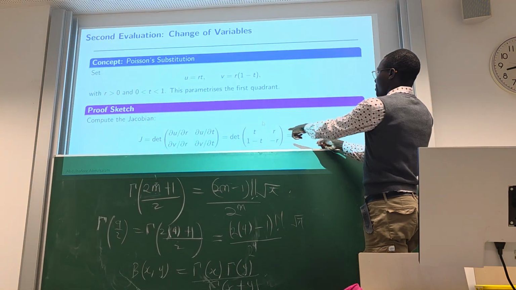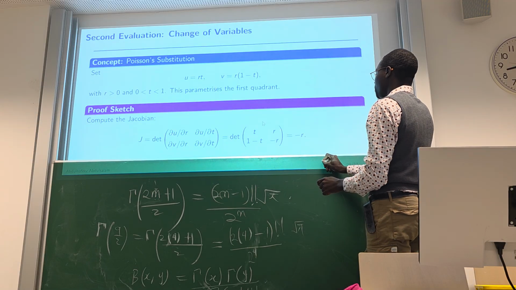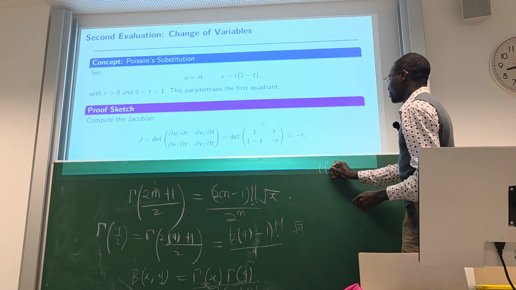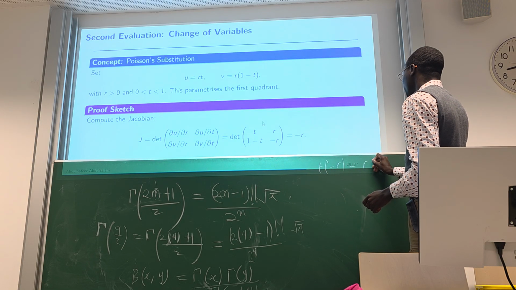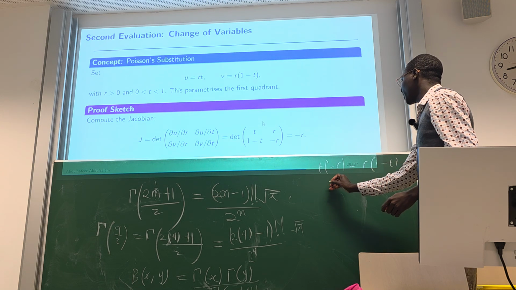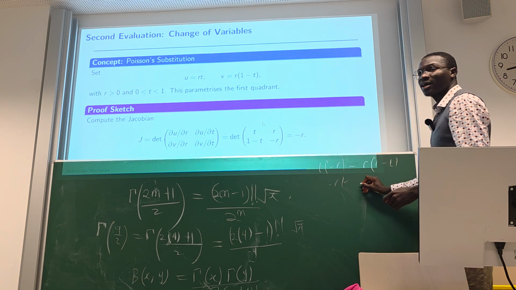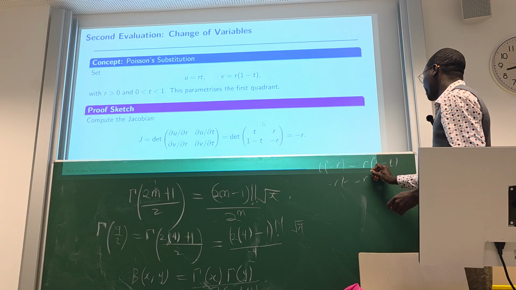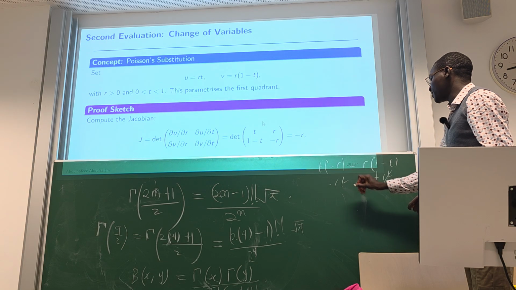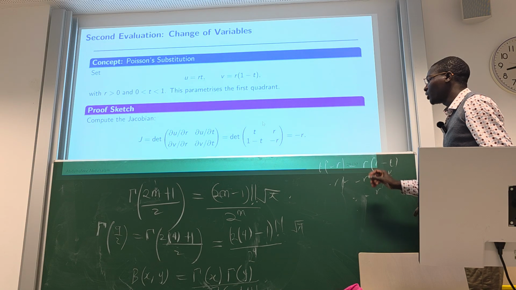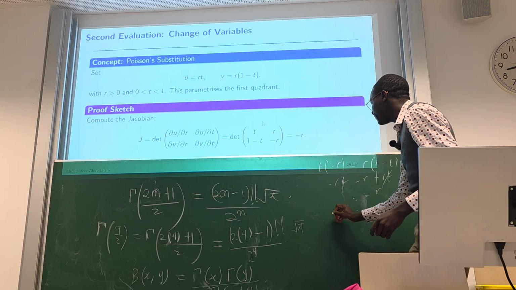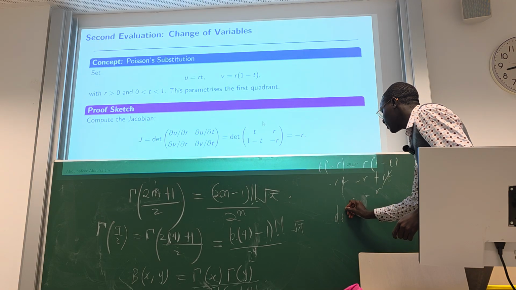If you do this determinant, you have t times minus r, 1 minus t, and this is minus r with t, minus rt minus r plus rt. This is 0, so you have minus r.